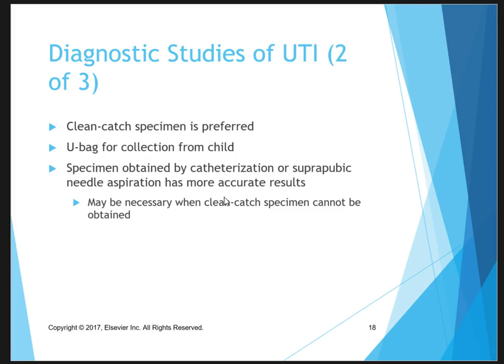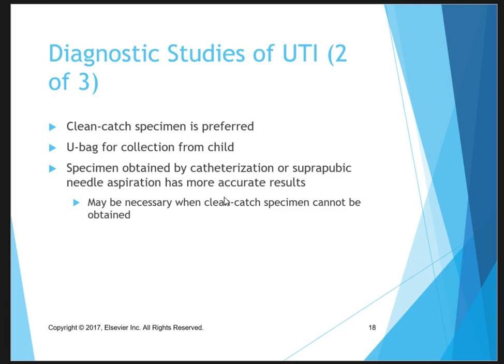The age-old question, though, is how do you get the urine from the kiddo, especially from the younger ones? A clean catch is what we would really want. A U-bag for an infant, so if no one's ever seen that, the U-bag is a bag, obviously. It has an adhesive on it, and you stick it around the genitals of a child, not directly on it, but on their pelvis, from leg to leg, so that we're trying to catch what is provided.